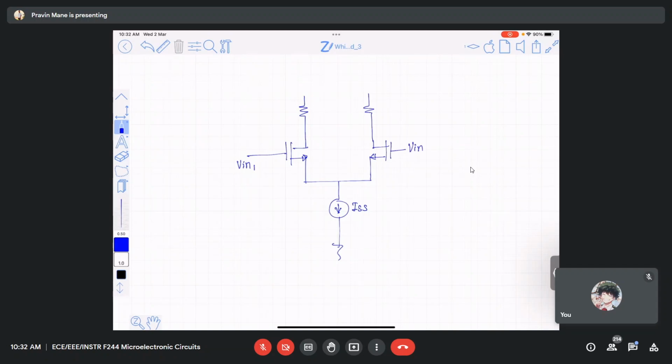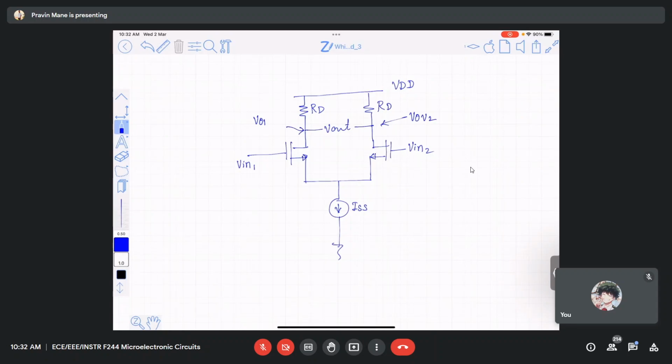These techniques are very important in solving problems. VDD, now this is RD. I have to find the gain. I will call this output VO1 and this output VO2.